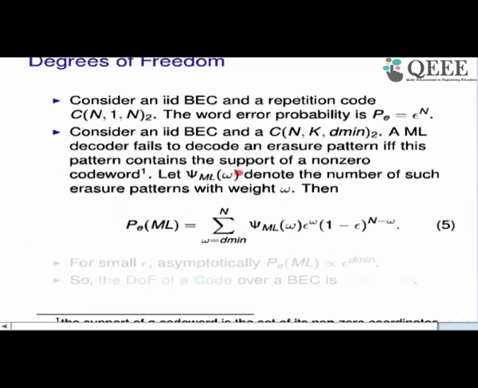Now, let psi ml be the number of such erasure patterns with weight W. Then the probability of error can be shown to be equal to this value. It's a very old and very famous result that you can see in any of the books on erasure channels.